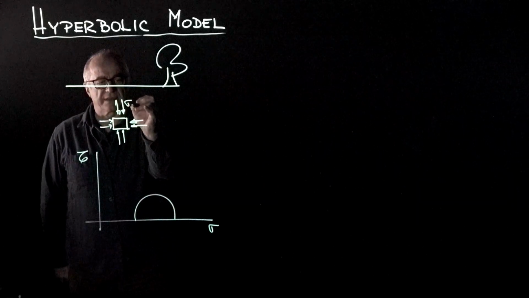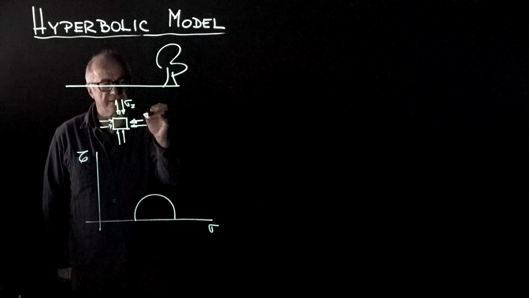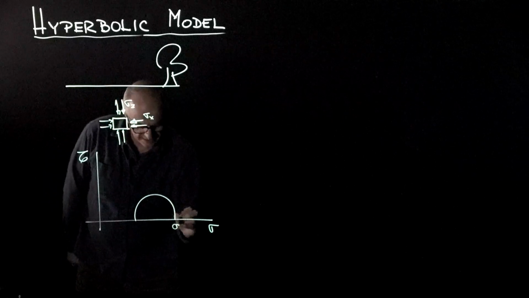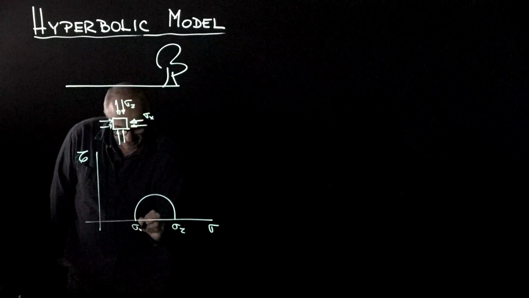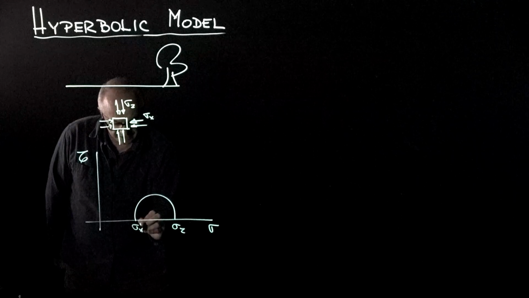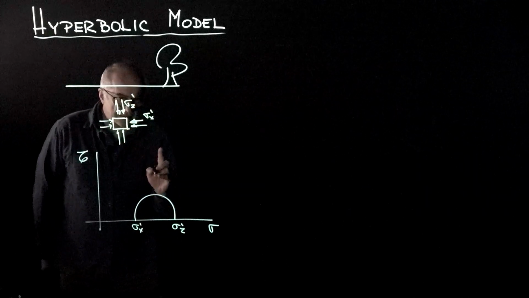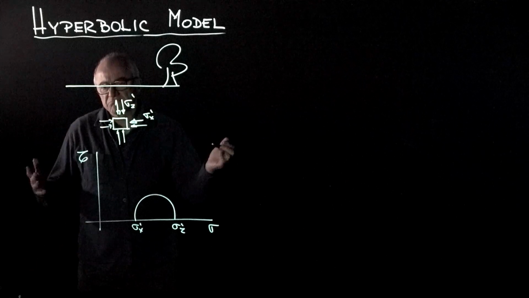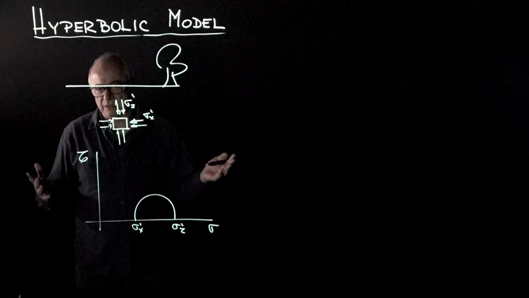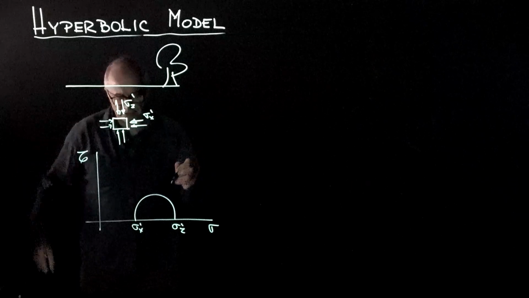If this is sigma z and this is sigma x, this will be sigma z and sigma x, and we're going to say that these are effective, and this state of stress is probably a K0 state of stress, in this case of a level ground.